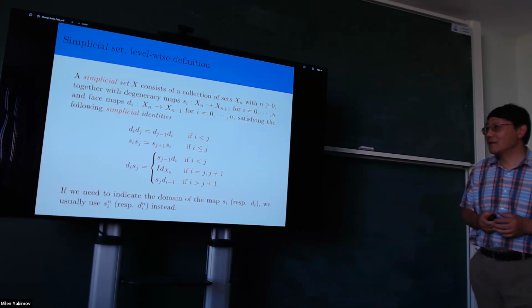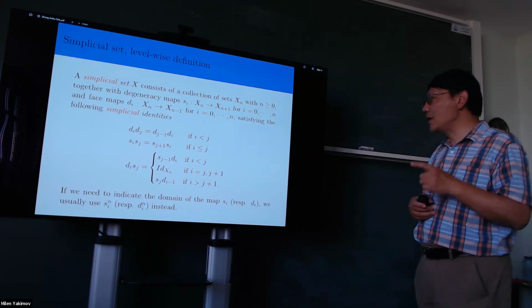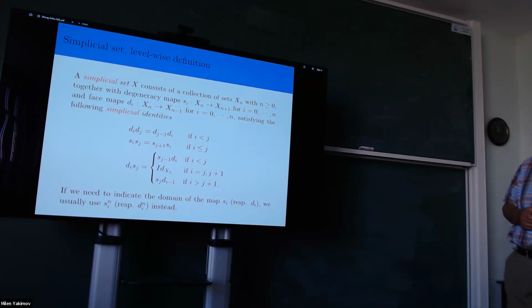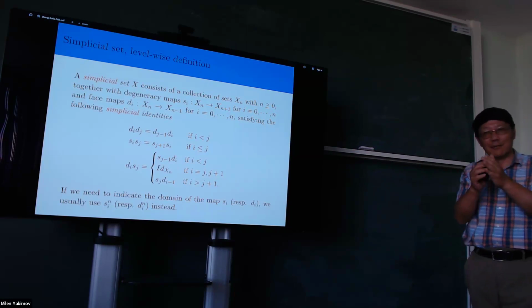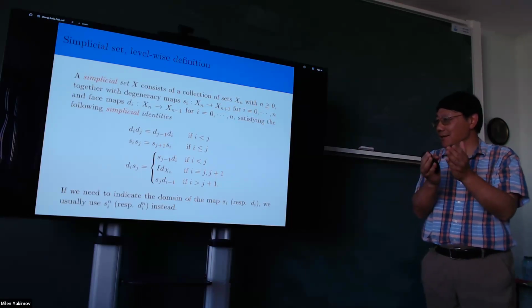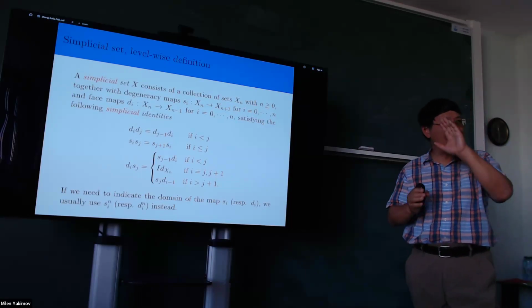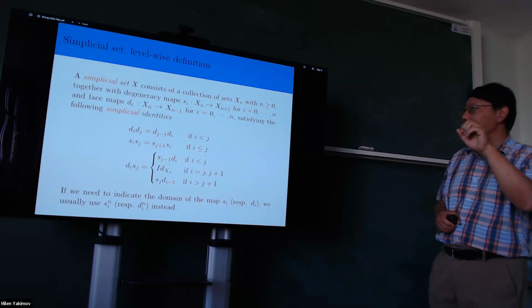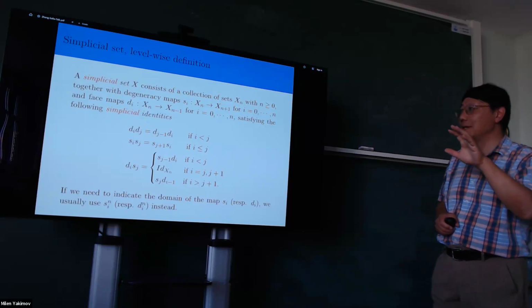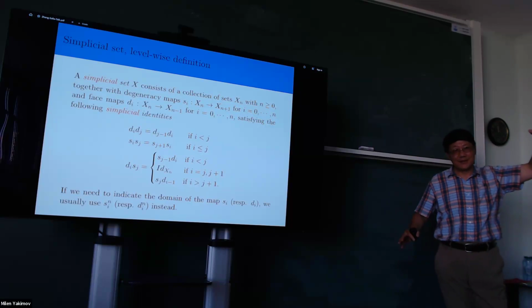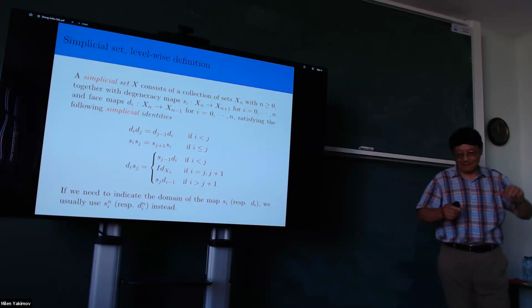If we want to know the domain of the maps, then sometimes we add n, but usually, if you open a homological algebra or topology book, they omit n. The s maps are the degeneracy maps, and the d maps are the face maps. So we have a collection of sets with certain maps between them.